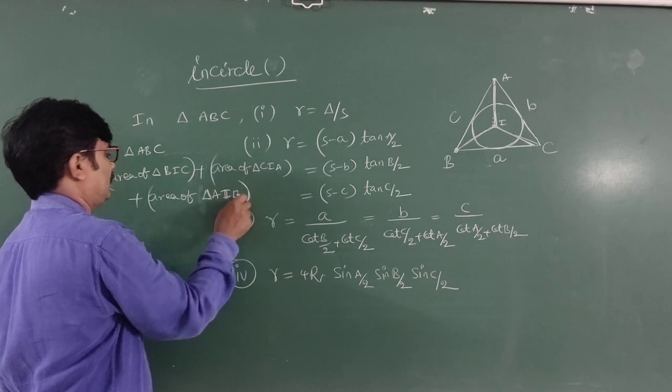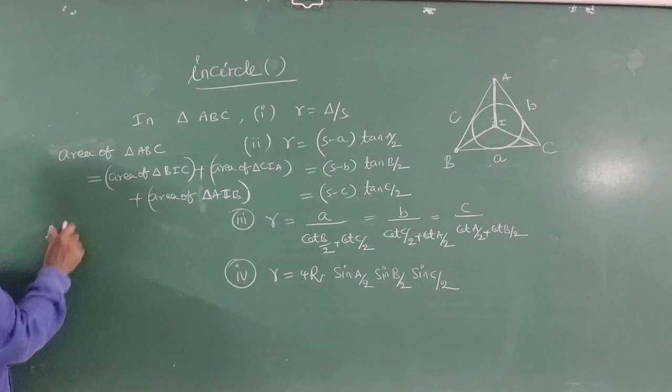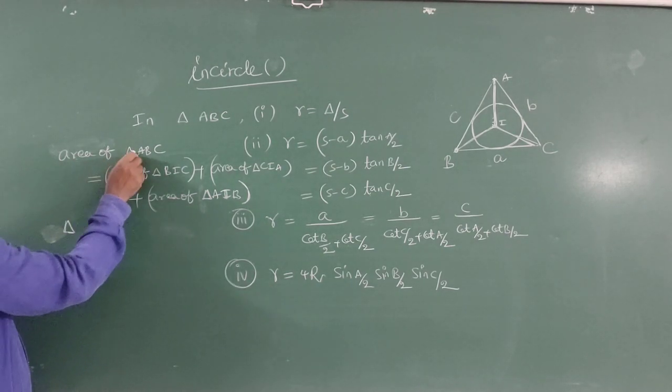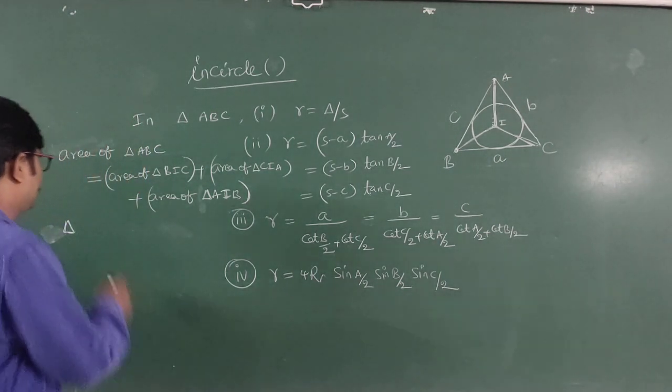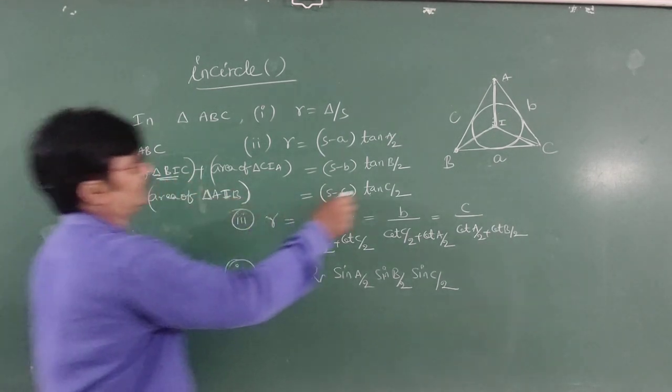The area of the triangle ABC is denoted by delta.